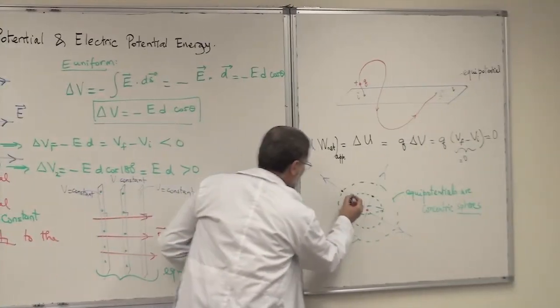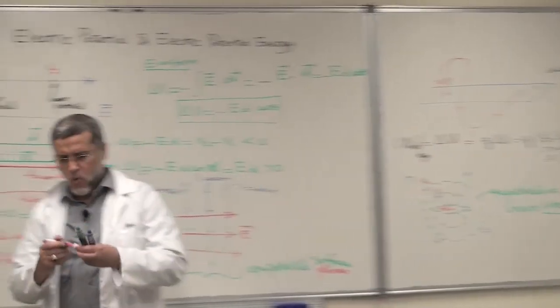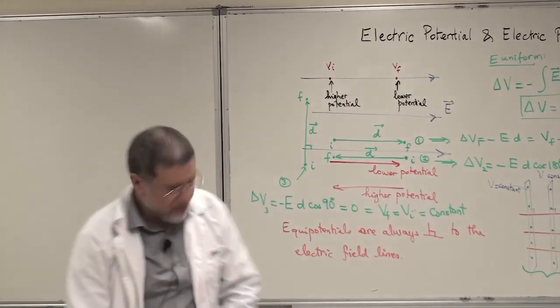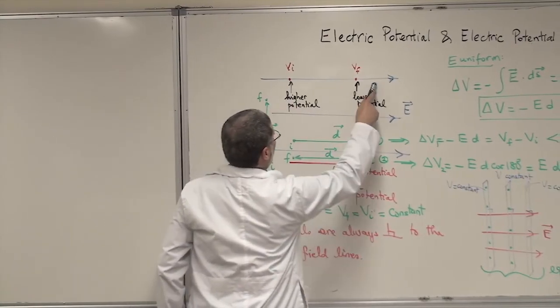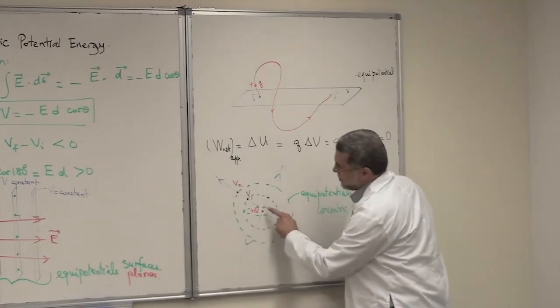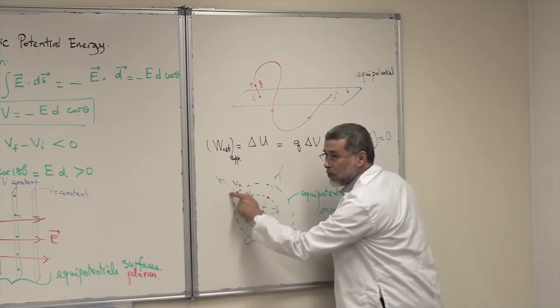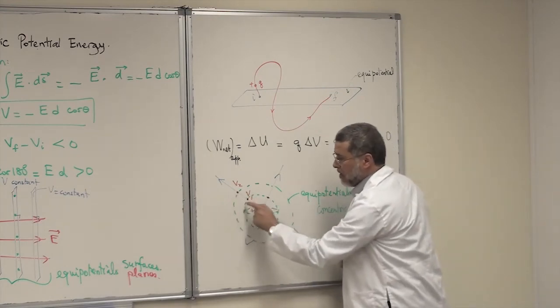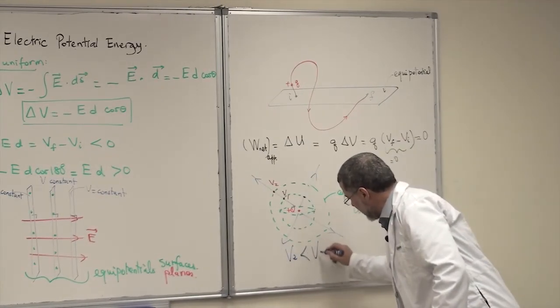If I call this one V1 and this one V2, let me ask you, my son, which one is higher? We said that as we move with the electric field, we go to lower potentials. As I move with the electric field, I go from V1 to V2, so I expect V2 to be lower than V1. Yes, V2 will be less than V1.